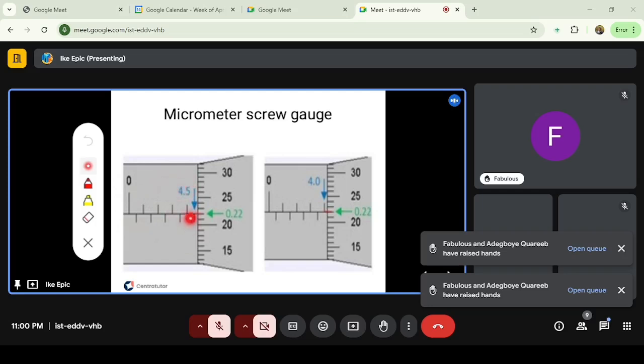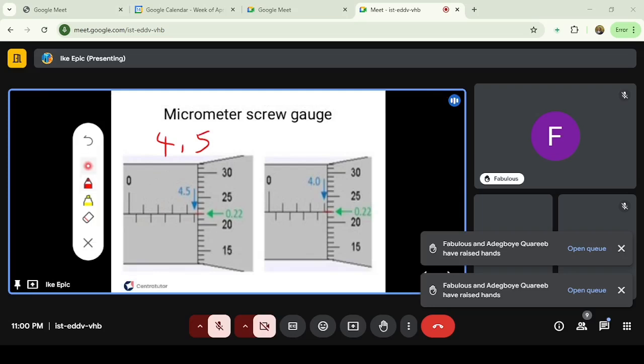The last reading that we could see here was 4.5, so you write it down as your main scale reading. Write it at the side of your notes, 4.5. So we've gotten our main scale reading.